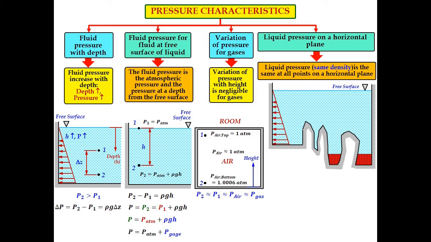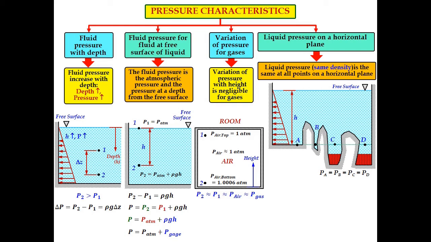So in this schematic diagram, we have two different fluids with different densities. We have the depth represented by H, and we draw the horizontal plane. For the same liquid with the same density, all the points on the same plane will have the same pressure, referring to point A, point B, point C, and also point D.